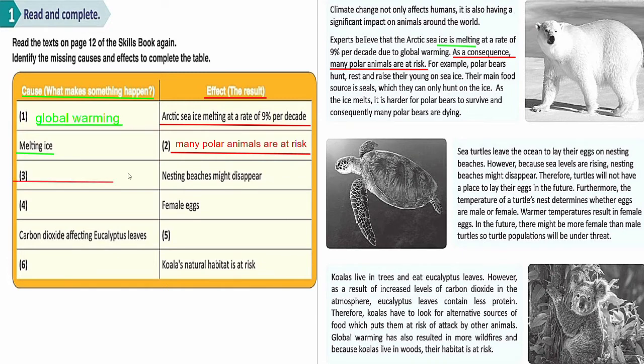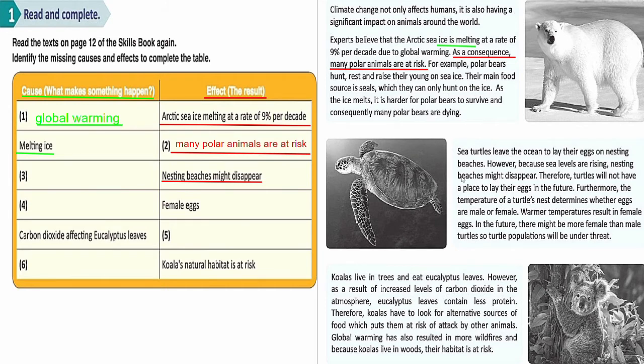The third sentence, we have nesting beaches might disappear. When we say nesting beaches, this means we are speaking about this beautiful creature, which is the turtle. So let's look for keywords.